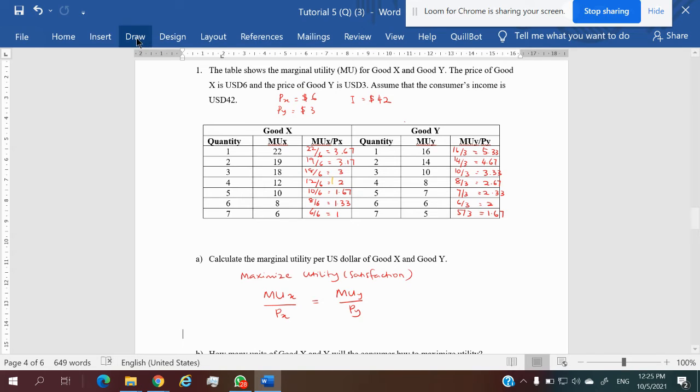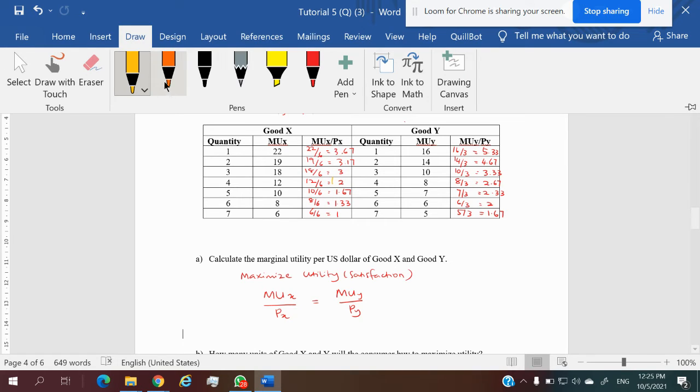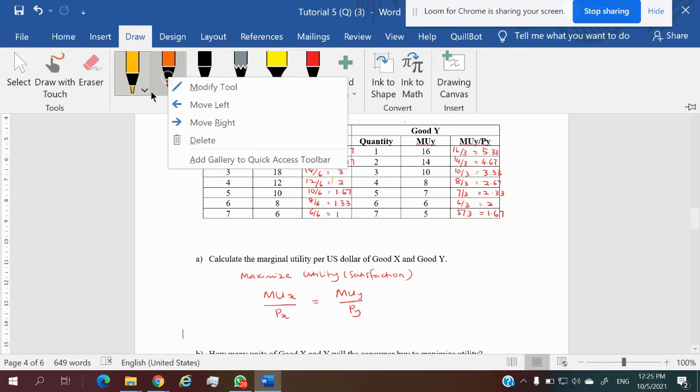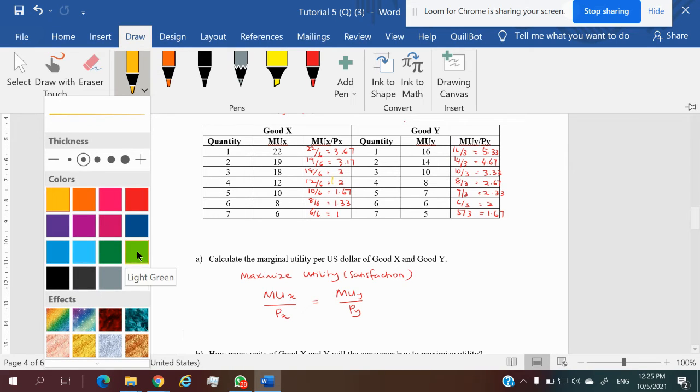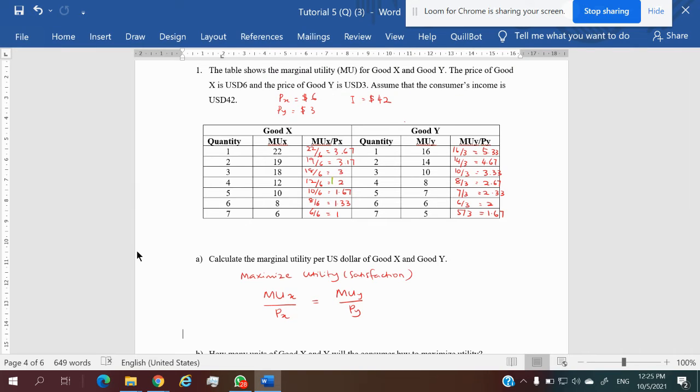Let's use a different color, green. So here 2 and 2 over here, right? 1.67 over here and also 1.67 over here.